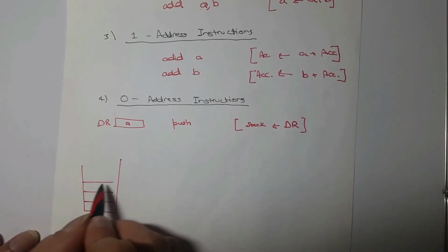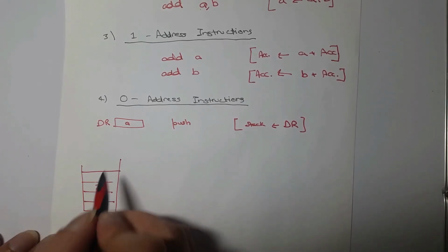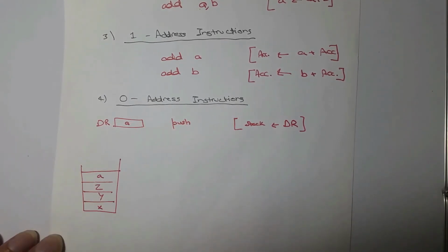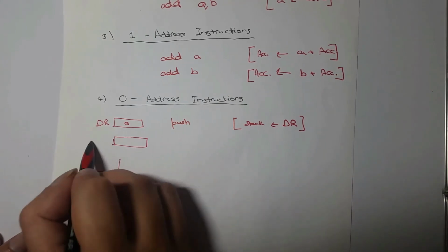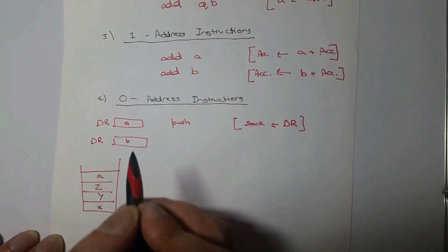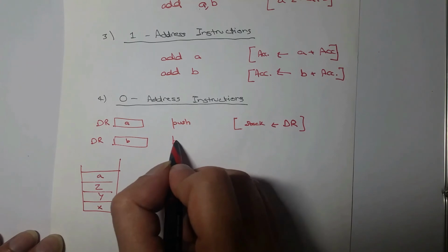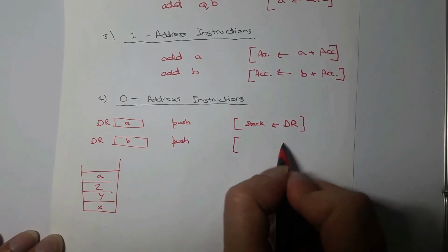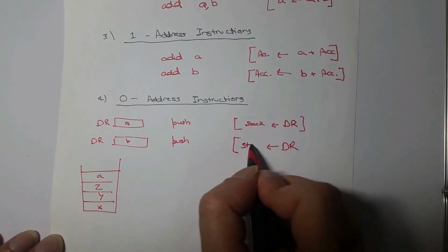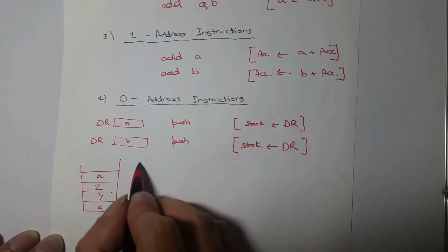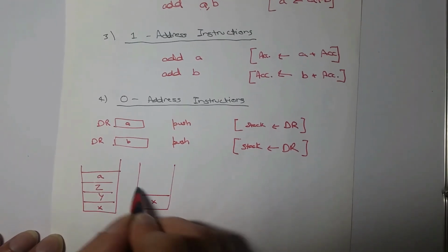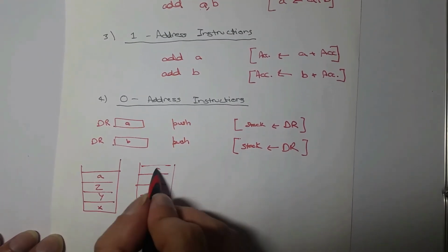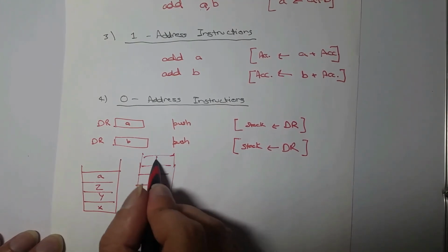Here are different things X, Y, Z, and on top of the stack now we have pushed A. Now if there is B in the data register, we'll say push again, and this will push B from the data register to the top of stack. So A, and on top of that now we have pushed B.